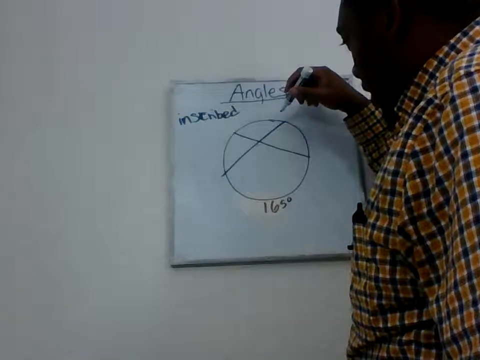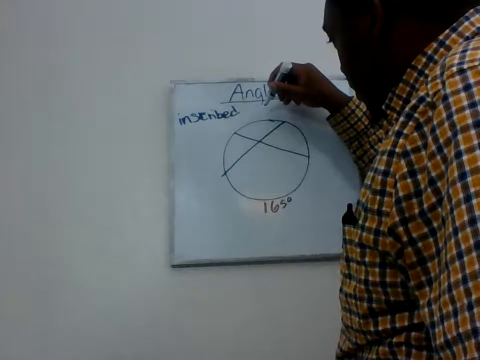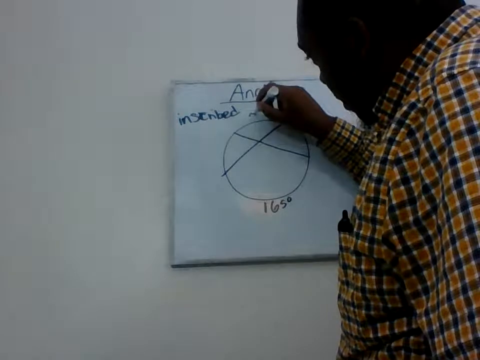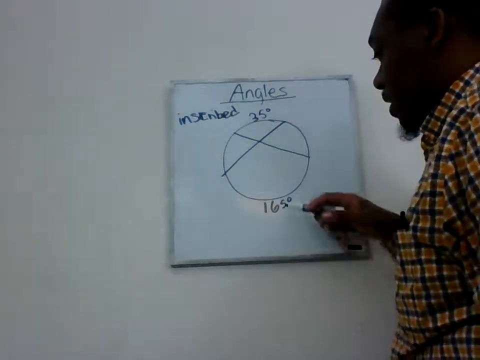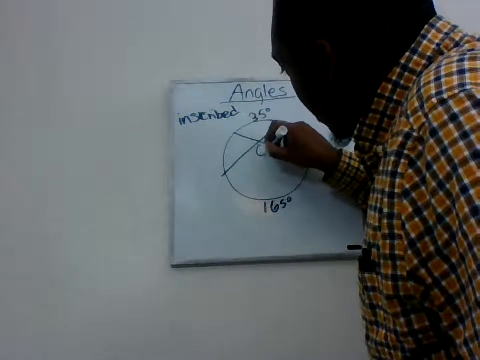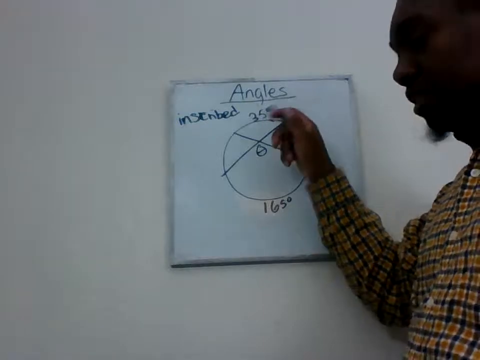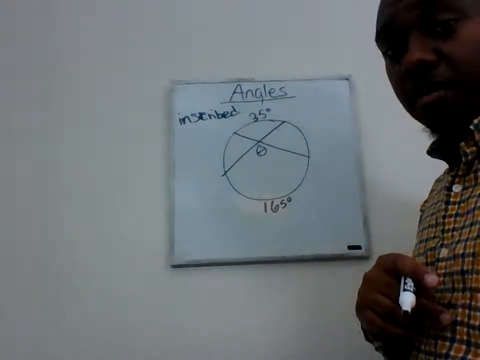And let's say that this arc here is going to be 35 degrees, okay? And I want to find out what is this angle here. So this is 165 degrees and this is 35 degrees. I want to find out the measure of this angle here, okay?